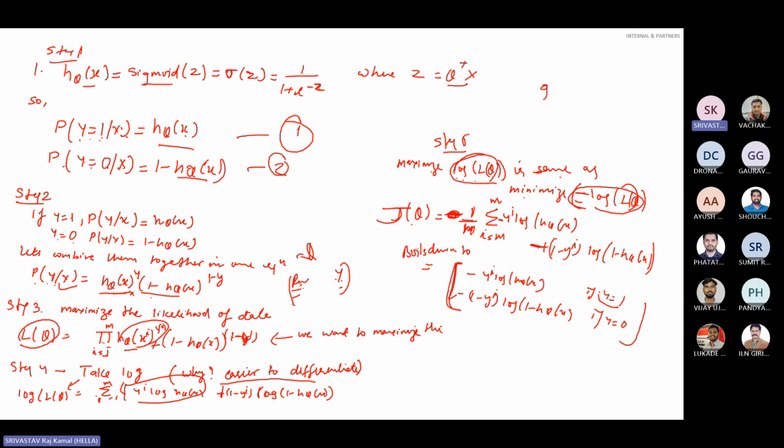So this boils down to the cost function in just two ways. If y equals 1, my cost function value would be this part with the minus sign. If y equals 0, my cost function value would be this. So when y is 1, this becomes just log of sigmoid theta x. If y is 0, this just becomes log of this term. So finally, this is how we decided our cost function.